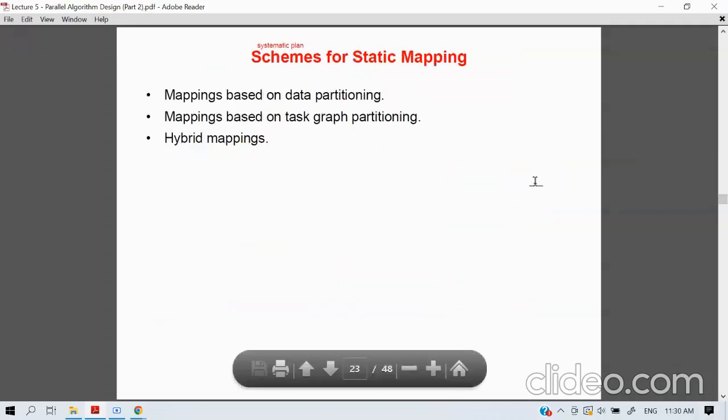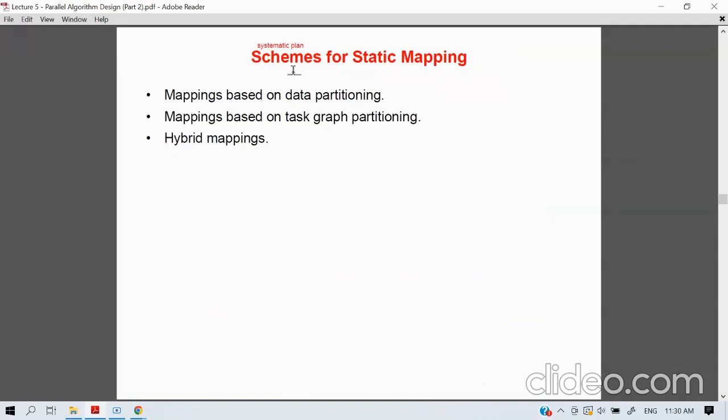This subtopic is called schemes for static mapping. How do we want to plan? Scheme is also known as a systematic plan. So when we want to do static mapping, what kind of plan do we want to execute? There are three types. First, mappings based on data partitioning, where we look at the data.